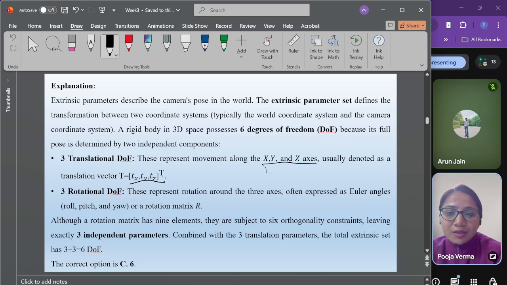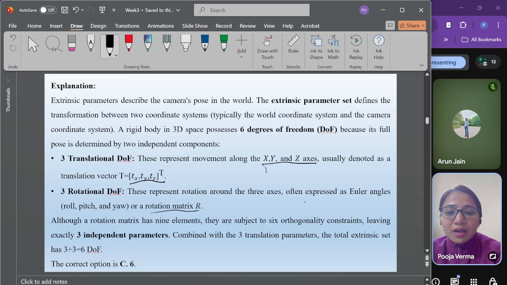These represent a rotation around the three axes, often expressed as Euler angles, that is roll, pitch, and yaw, or a rotation matrix. So basically, we have 6 degrees of freedom for the extrinsic parameters, 3 for translation and 3 for rotation.